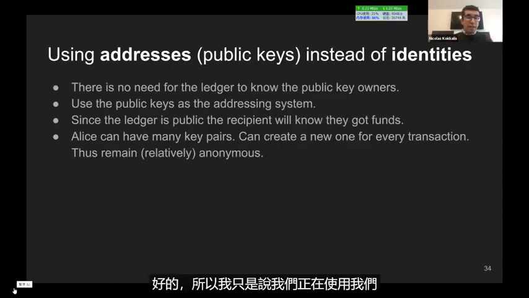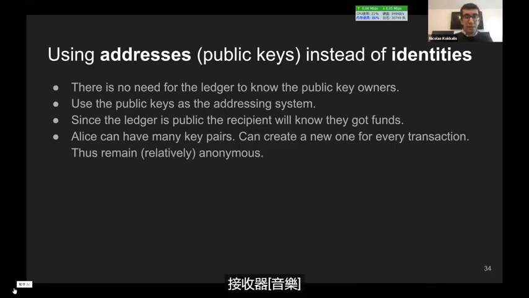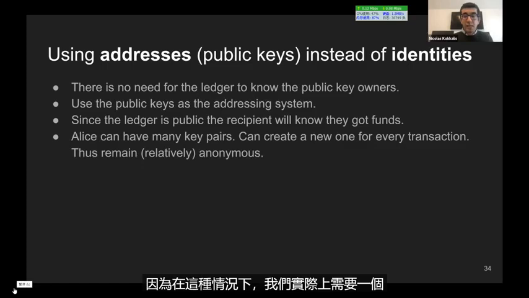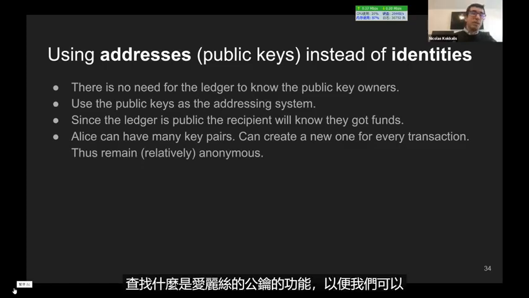All right, so I just said that we were using Alice again, but there is actually no need to use Alice and Bob as the senders and the receivers, because in this case we would need a functionality for looking up what Alice's public key is so that we can validate things.